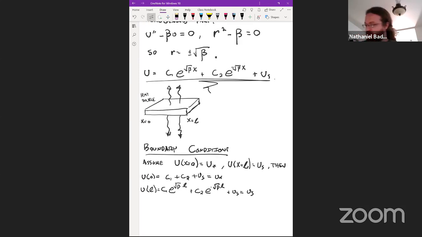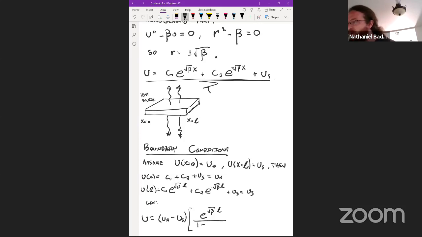I'm not going to do the algebra out because it's relatively straightforward, but what you get is that u equals u star minus us times e to the root beta L. Let me make sure that I get these coefficients correct here. Yes, so over 1 minus e to the minus 2 root beta L.